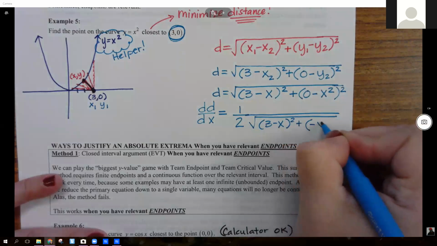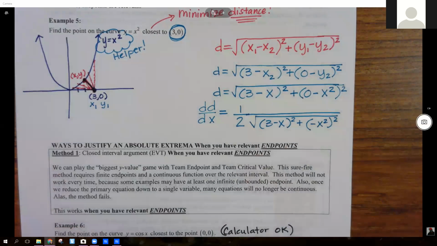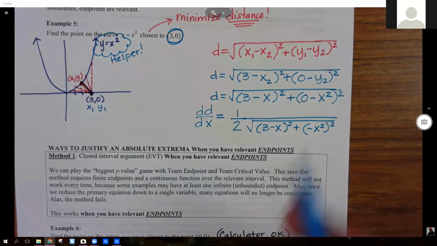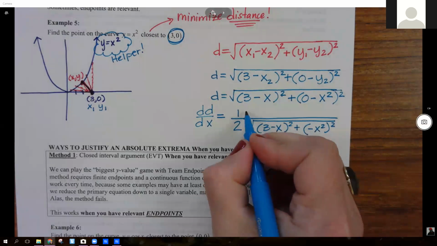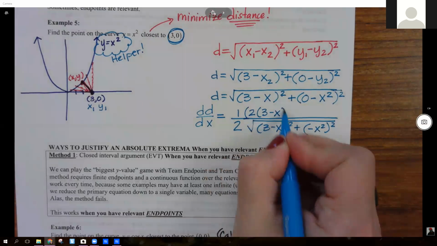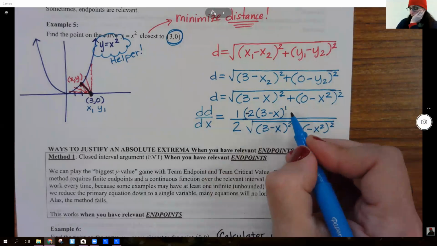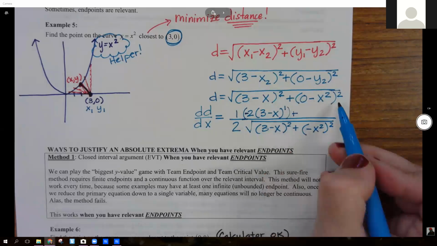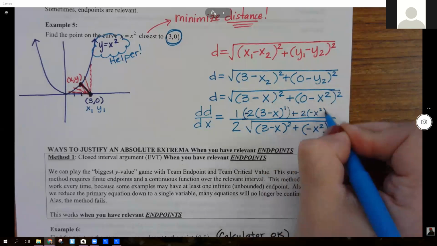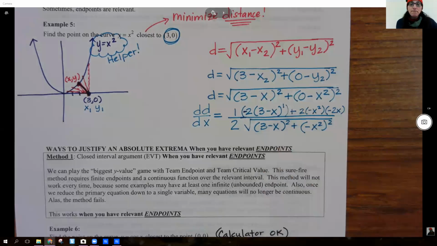And then you have to multiply that by the derivative of the inside. So for the first little parentheses part, it would be 2 times 3 minus x to the first power multiplied by -1, plus 2 times everything under that parentheses to the first power times negative 2x. Okay? Yep. Yeah, that's what I got too.